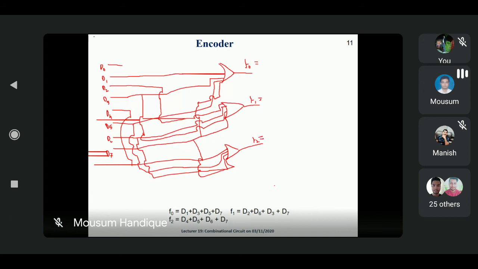Next class there is one particular encoder called a priority encoder, and why this priority encoder concept comes. After that we go on to some different combinations.